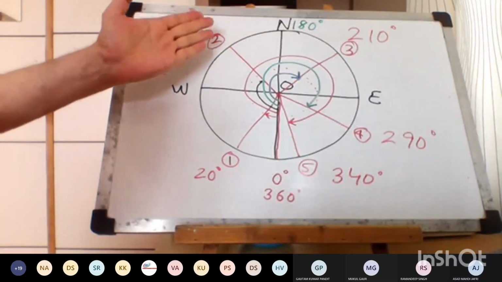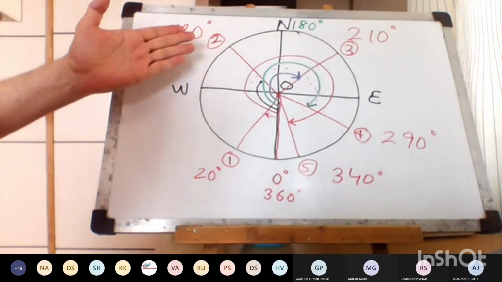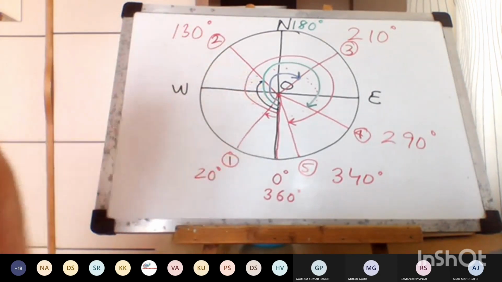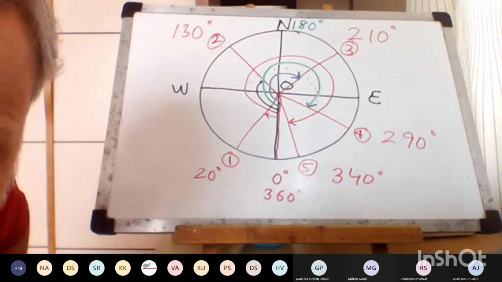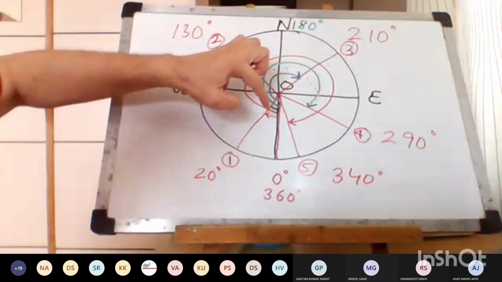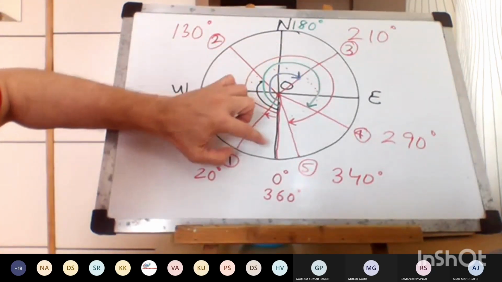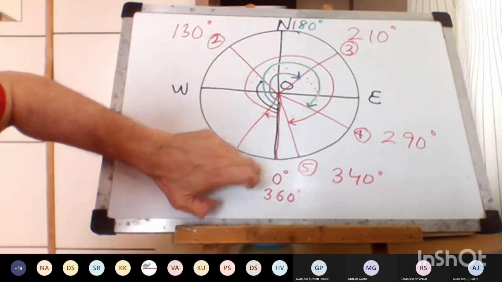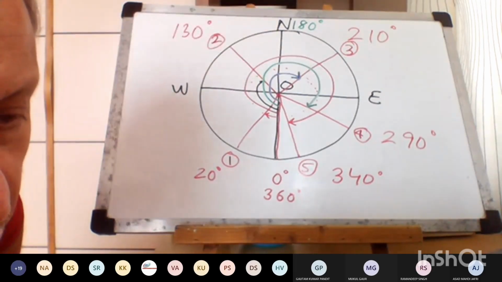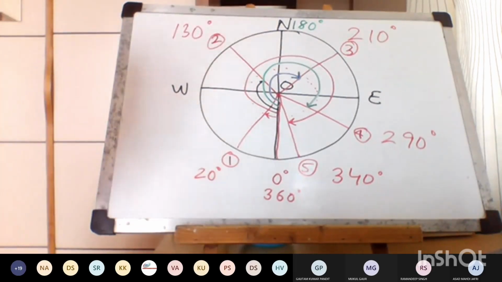When the body is on your superior meridian, the body is going around like this, then LHA is 0 or 360. When the body goes and turns around on the opposite side, the LHA is 180 degrees.